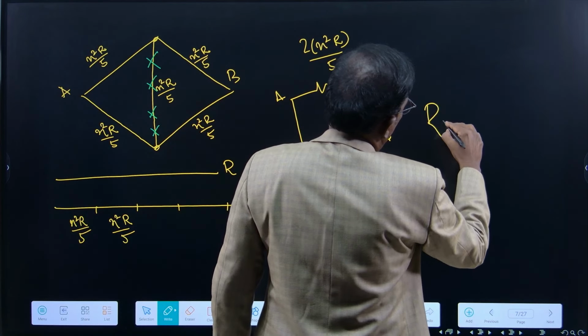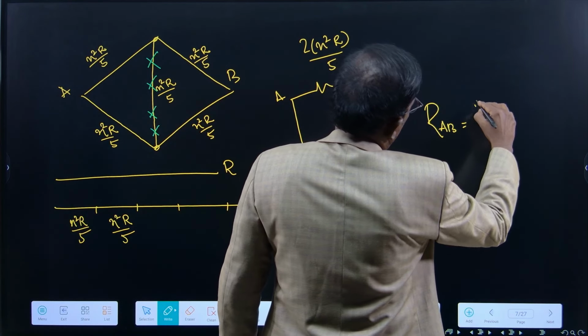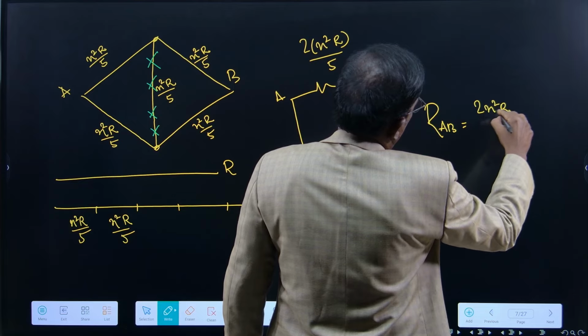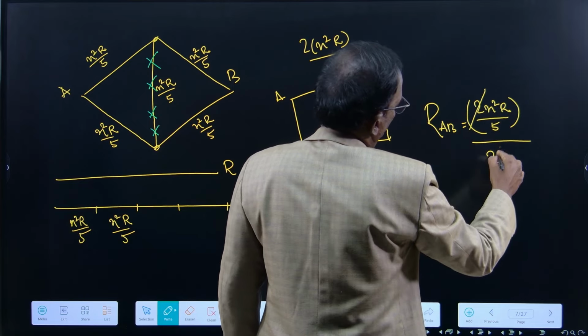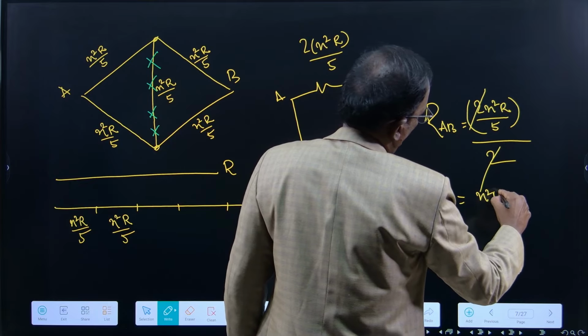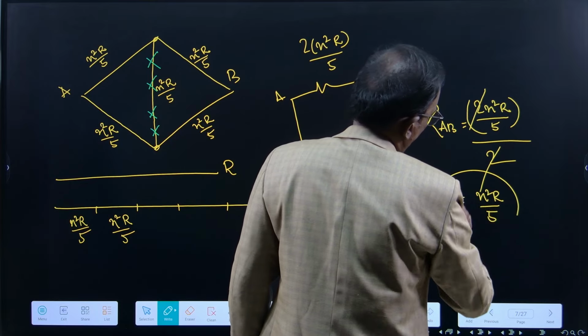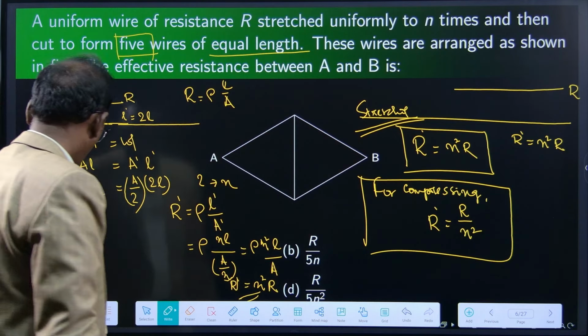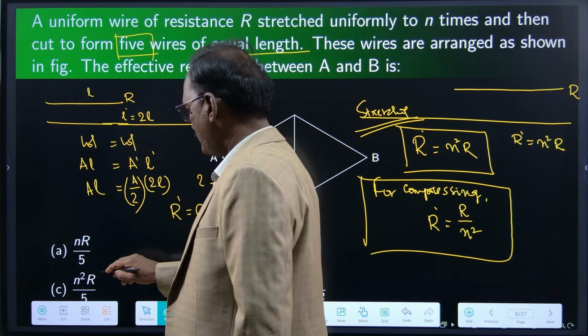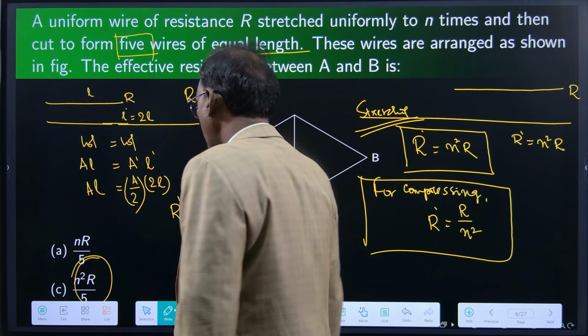So RAB is equal to 2 into n square r by 5 divided by 2. The answer is n square r divided by 5. Yes. This is n square r. Option C. N square r by 5.